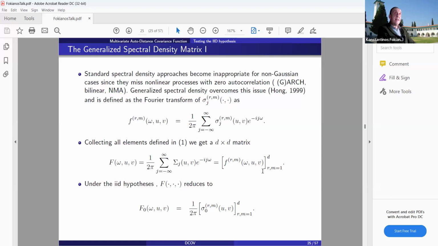There are related works with other measures of dependence, because distance covariance actually generated a lot of interest. There is a martingale difference distance, if I remember right, and they test the martingale hypothesis.